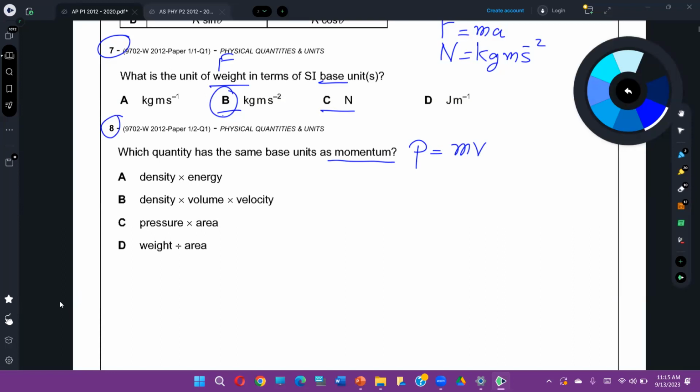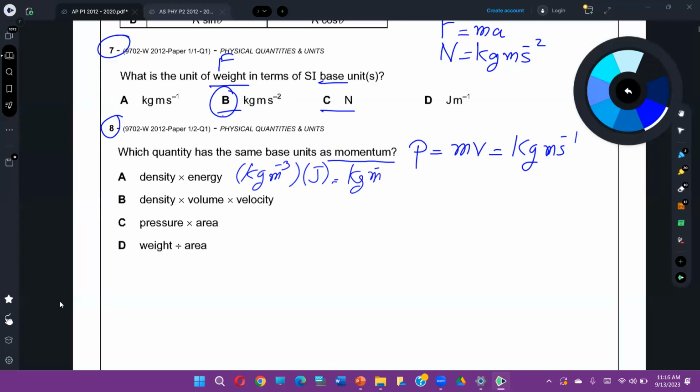Let me derive mass into velocity. Is it kg into ms minus 1? Okay. Now help me in solving every part. What is density into energy? Is it kg meter cube into joule? Am I right? Can anyone simplify it further?